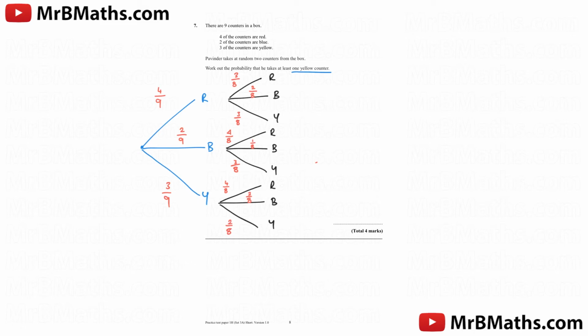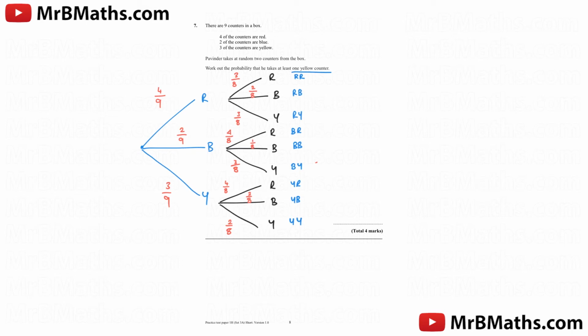Next up, what I can do is list the choices. So this first choice here will be red red, red blue, red yellow. Then we're going to have blue red, blue blue, blue yellow, yellow red, yellow blue, yellow yellow.